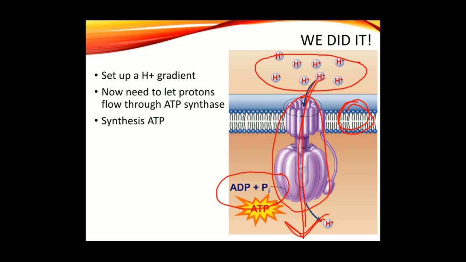This is the basic concept. As you can see, set up an H plus gradient. Now we need to let protons flow through ATP synthase, and synthesis of ATP occurs. Basic idea here, guys. Now let's move on.